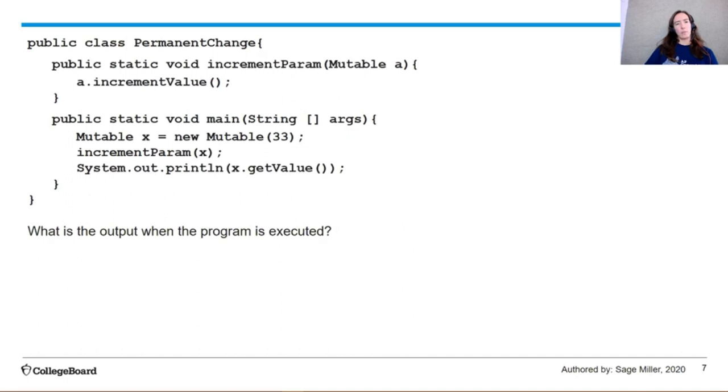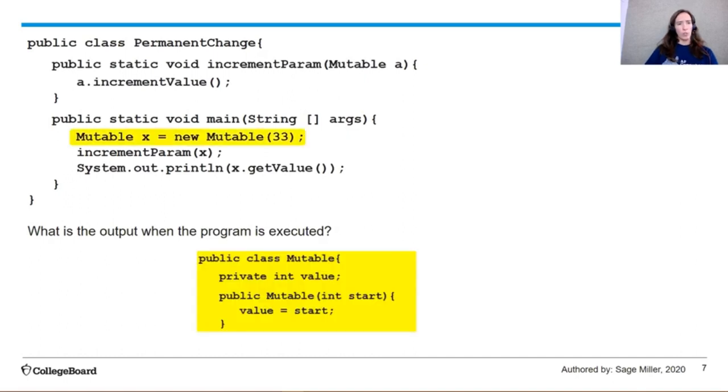Let's see what happens. Main runs first, so we create mutable x equals new mutable 33. That's going to look at the mutable class's data and constructor. So I showed that part here. And so a place in memory named x refers to a mutable object, which has a data member value, and then value will contain the primitive value 33.